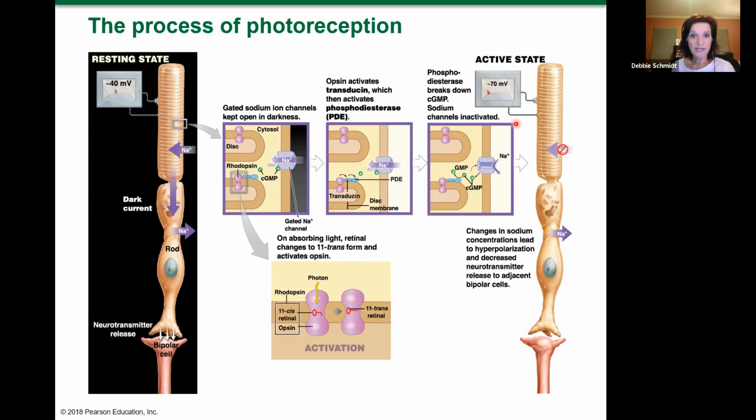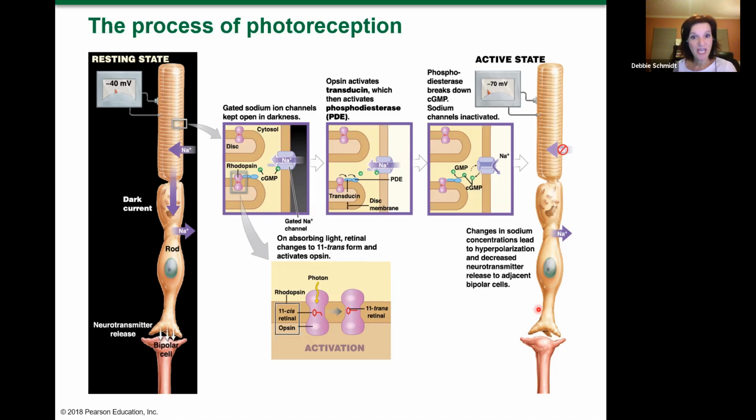Moral of the story: in the dark, your rods and cones are firing, and in the light, they cease firing. So it kind of works backwards. These receptor cells are more active in the dark than they are in the light.